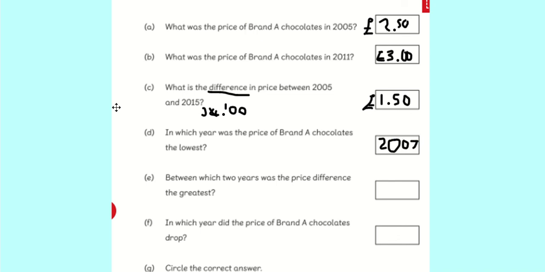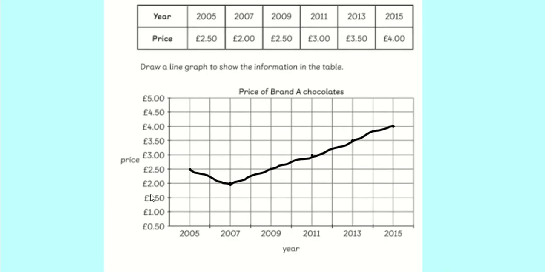Okay, between which 2 years was the price difference the greatest? Let's have a look at our graph. So here we have a price decrease of 50p. But here, looking at our line, we have an increase, and it's just one big increase. Even though there are lots of different numbers on it, it's one big increase.